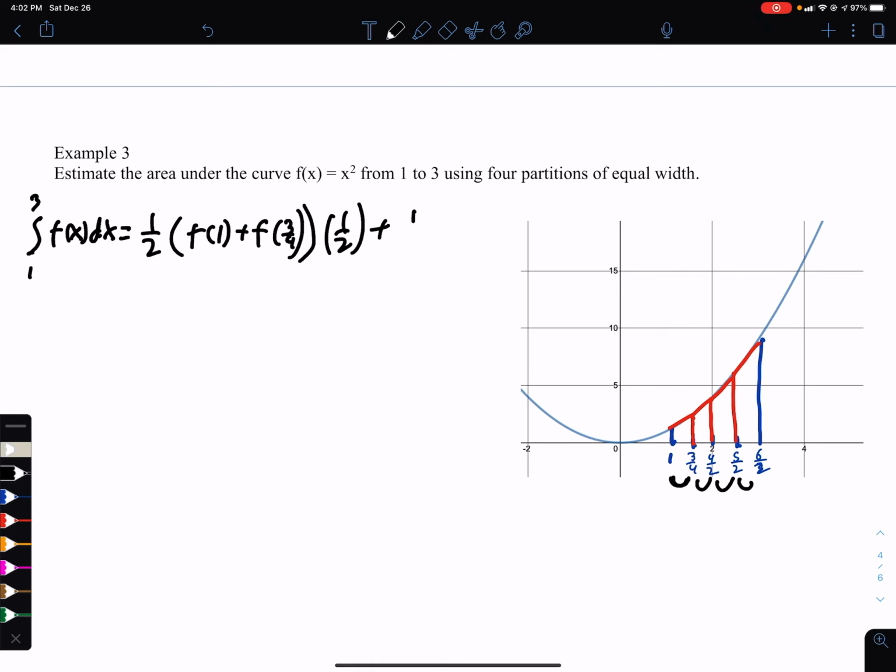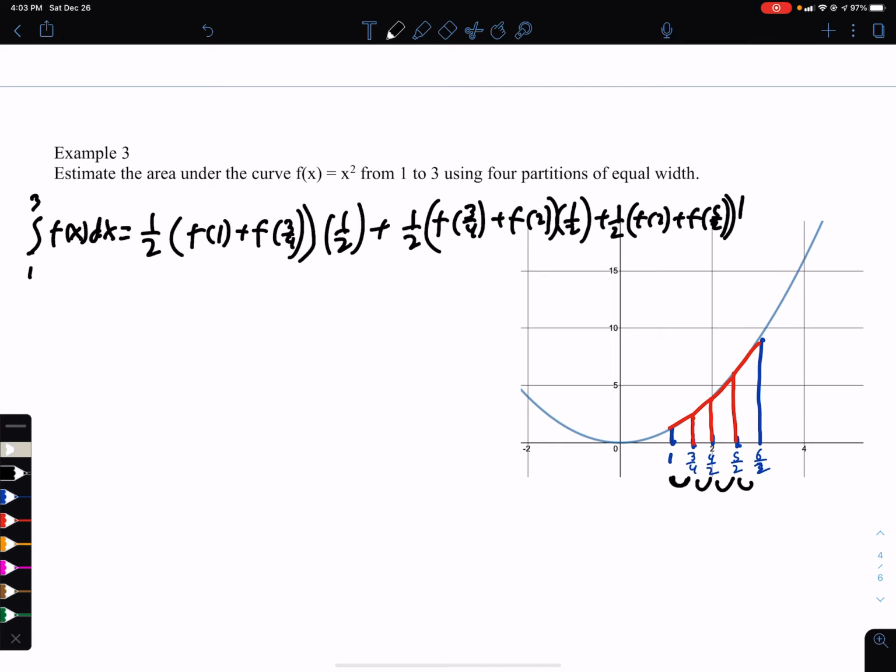Plus, the next interval is going to go from 3/4 to 2, f at 3/4, f at 2, and the width of that's 1/2. And the next 2 is going to be 4/2 or 2 and 5/2. So it's going to be your function at 2 and your function at 5/2. And the width of that is 1/2.